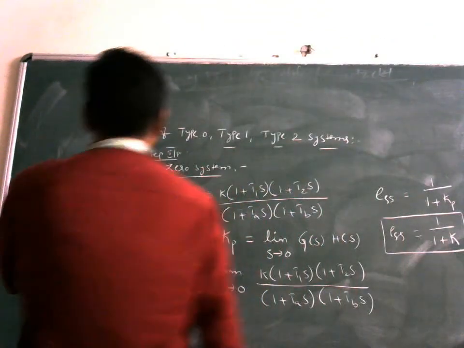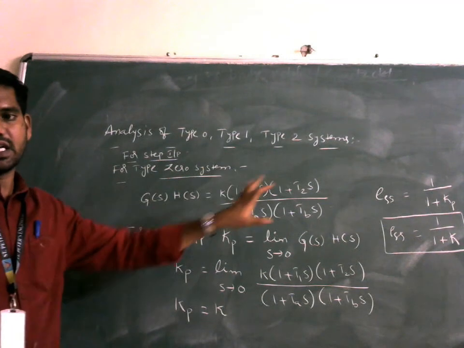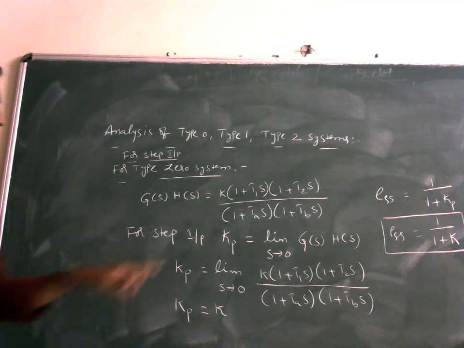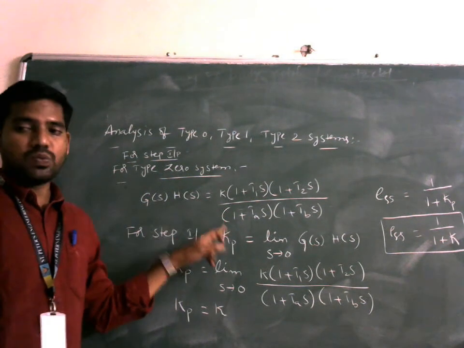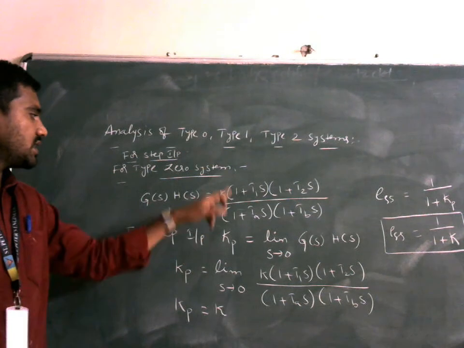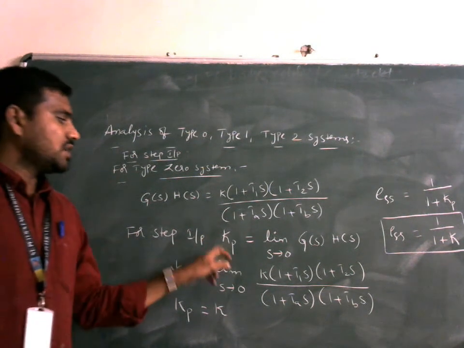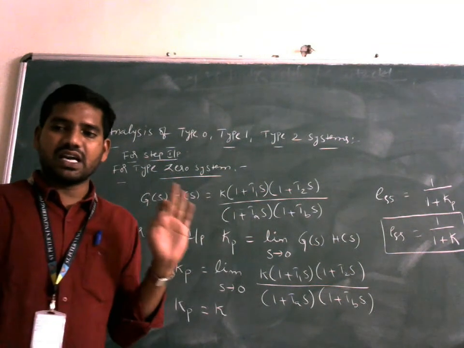For a type 0 system, let us consider any transfer function. A type 0 system is one where there are no poles at the origin. For step input, Kp, Kv, Ka we already derived.